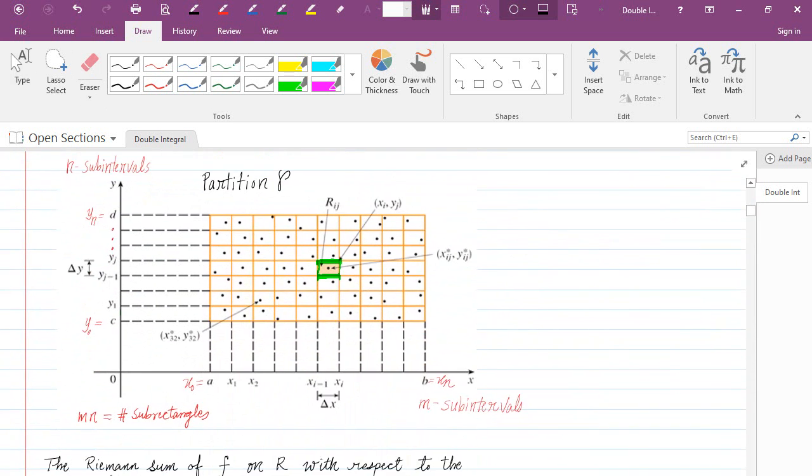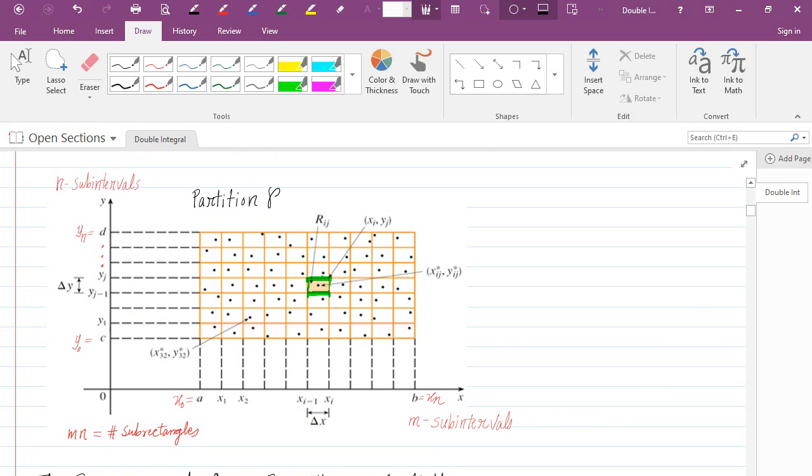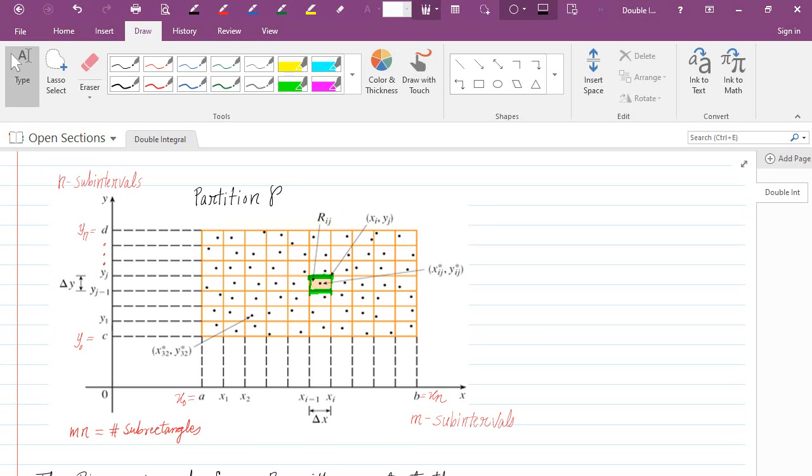So here is our rectangular region R. It is given by the interval from a to b along the x-axis, and the interval from c to d along the y-axis. So here's how we're going to break up this rectangle into tiny pieces.